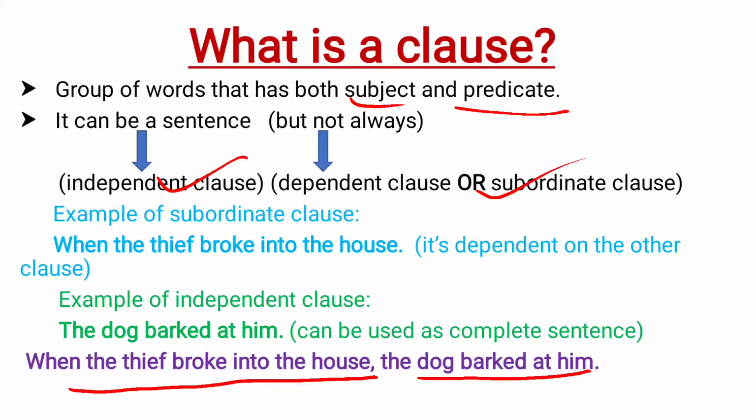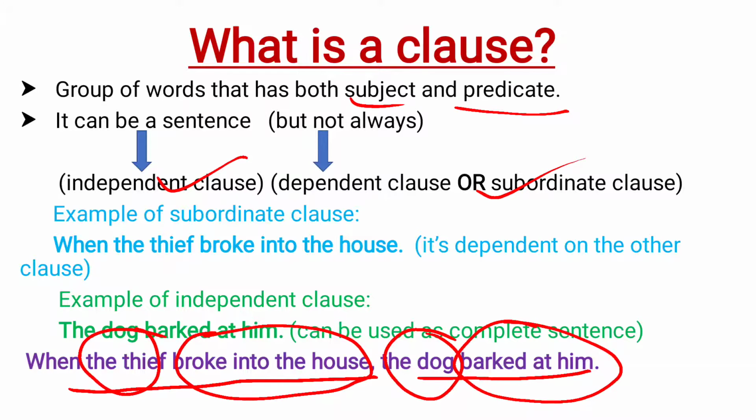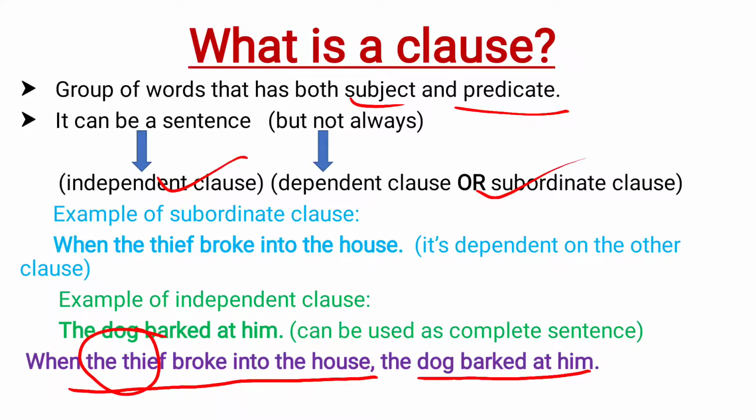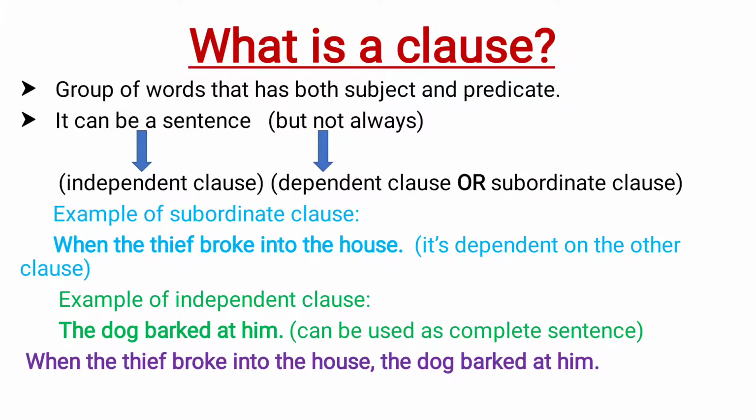The first half is a subordinate clause and the other half is an independent clause. This is subject and this is predicate. This is subject and this is predicate. And that is why these two are referred to as clauses. I hope now you have understood the difference between a phrase and a clause. It is very easy to identify a phrase and a clause.